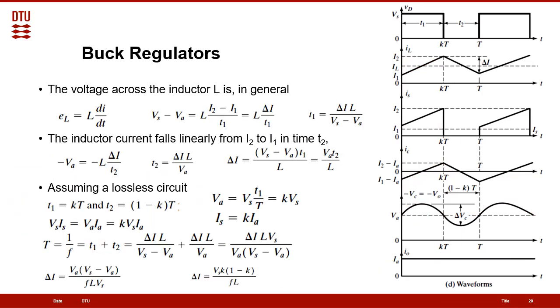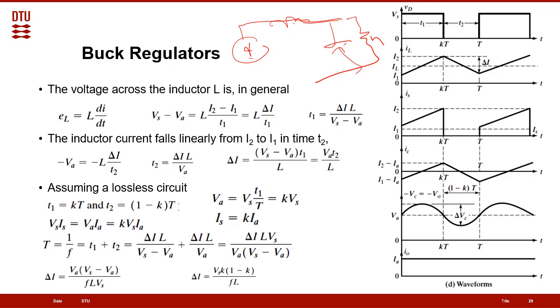So now we will again do the same sort of analysis. Here we have the voltage across the inductor, and as we know, during mode 1 we have Vs and Va, because the switch is connecting the source to our circuit, and we have the load Vr, with the capacitor.